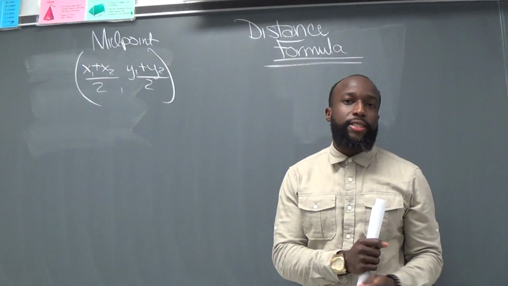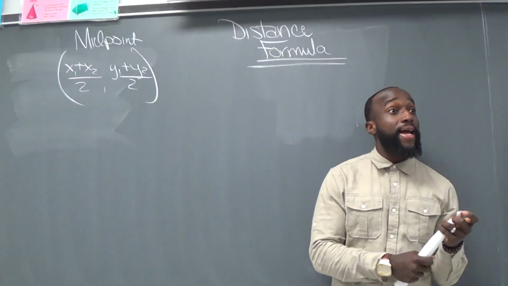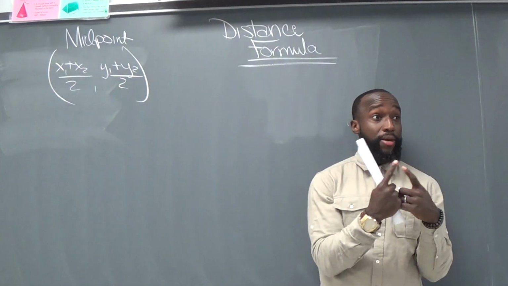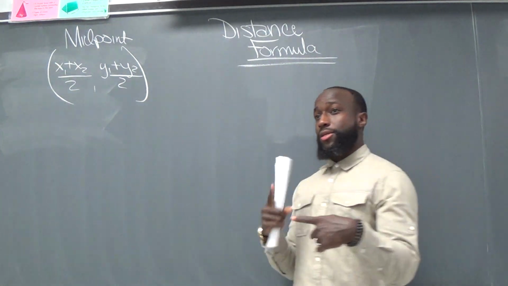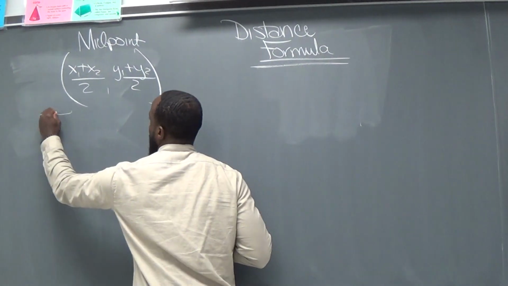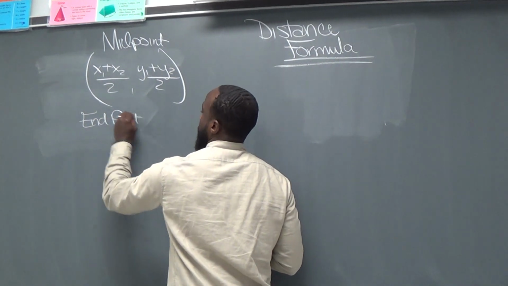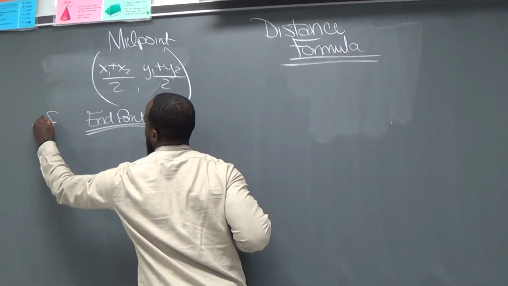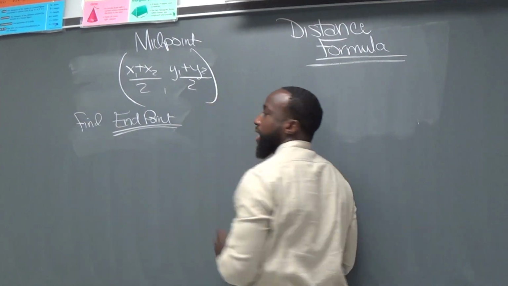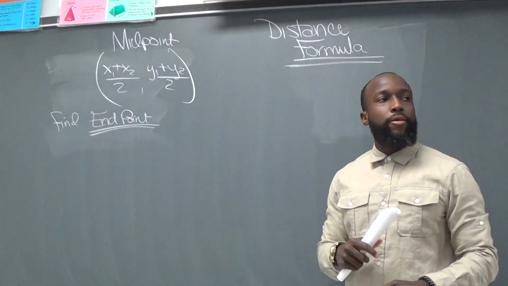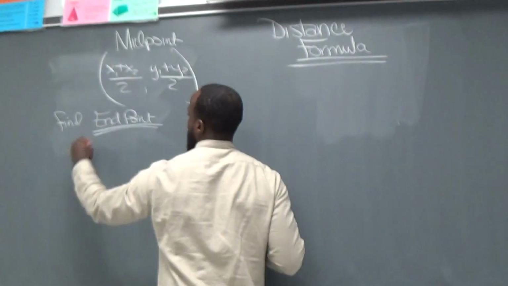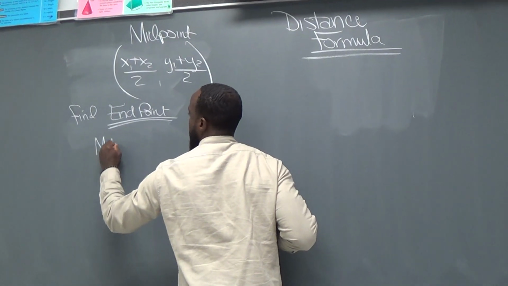Now, there was a situation where we dealt with finding the endpoint if you were given the midpoint. For some students, it was kind of confusing, so I want to make sure that we understand what's going on there. When you're trying to find the endpoint and they give you the midpoint, I use this formula.